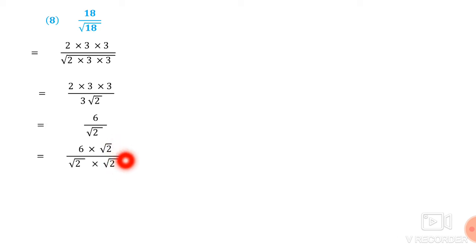Numerator will be written as it is, and the denominator will become square root 2 multiplied by square root 2, which will be just 2 according to the property. This 2 and this 6 will be reduced, and we will have 3 square root 2 as the answer.